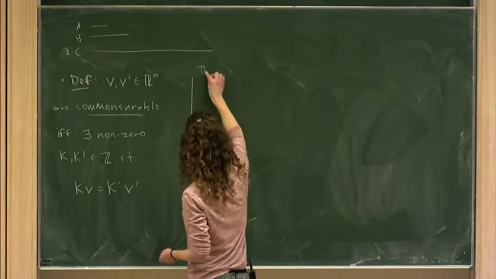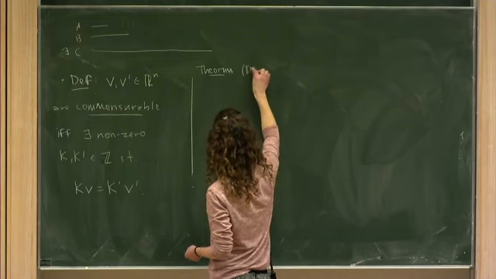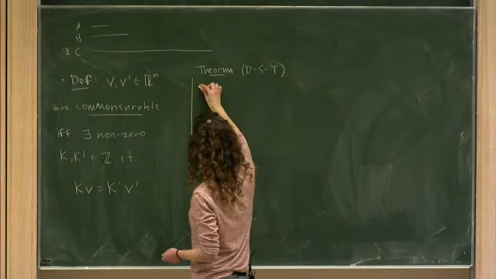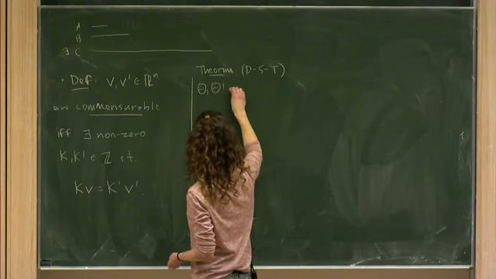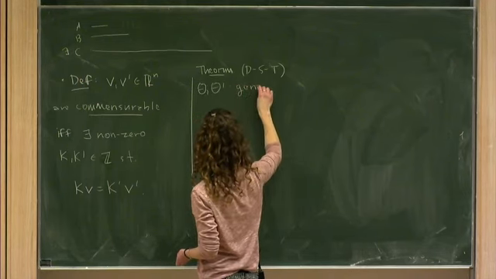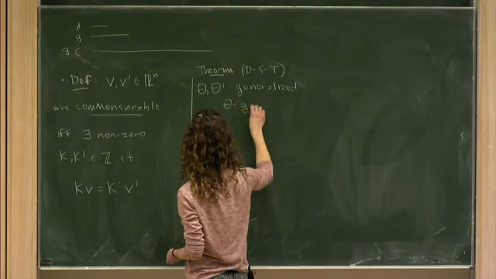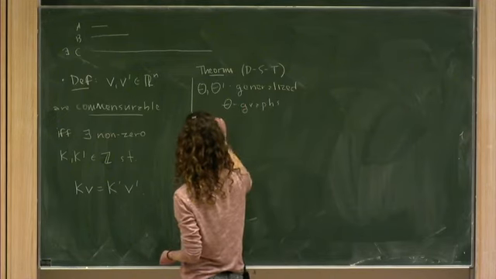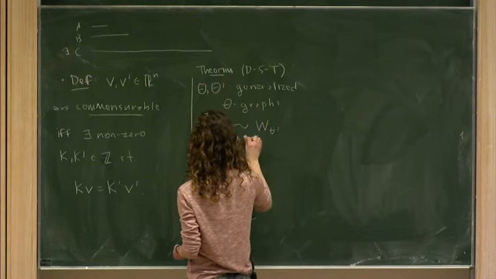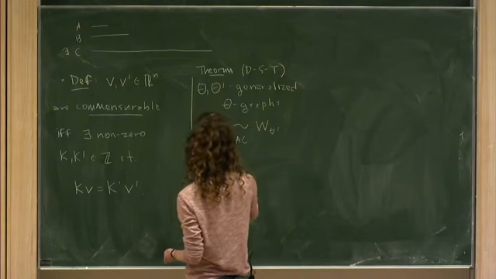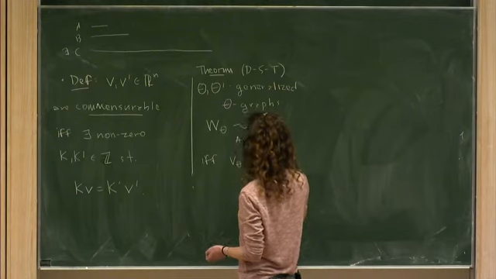And with this definition, we can state the commensurability classification. So if theta and theta prime are generalized theta graphs, the groups W theta and W theta prime are abstractly commensurable if and only if their Euler characteristic vectors are commensurable vectors.